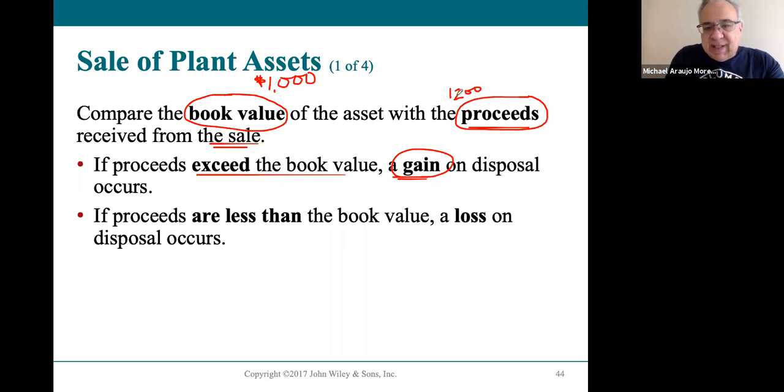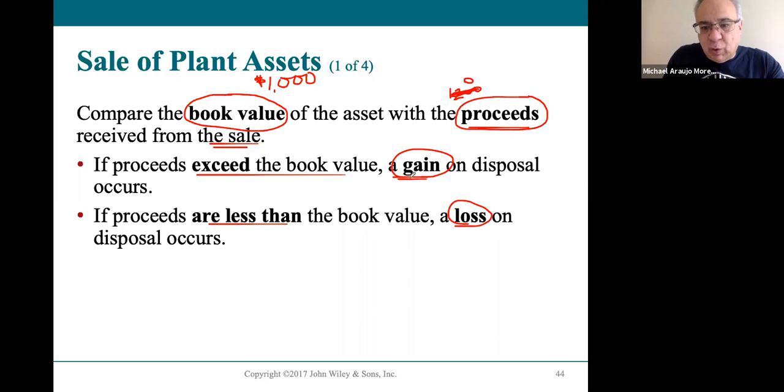Okay, but let's say that we couldn't get $200 for it. Let's say we couldn't get anything for it. We just scrapped it. Well, the proceeds would be zero. We have a book value of $1,000. And so again, when our proceeds are less than the book value, we recognize a loss on that disposal.